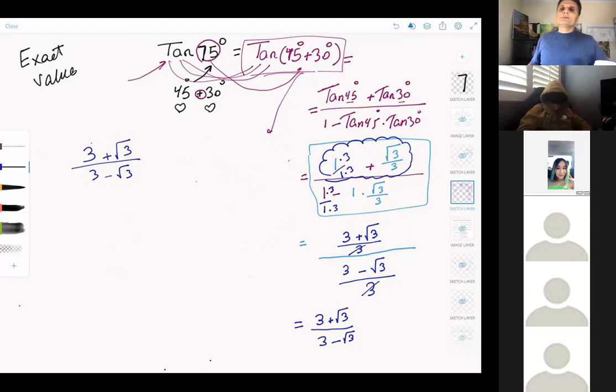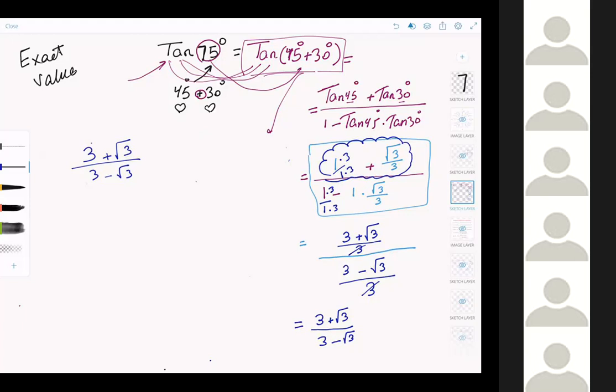So should we leave it like this or are we able to simplify? Should I leave it like this?